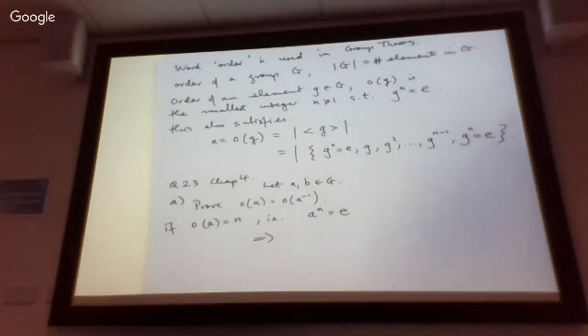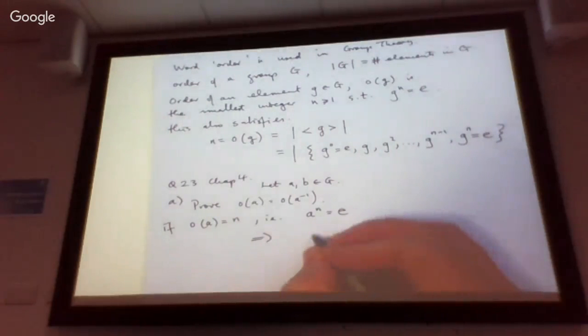So like a to the negative n equals the inverse equals identity as well. Yeah. So what are you doing that justifies that? Oh, just inverse a to the n. Yeah. Just taking the inverse.